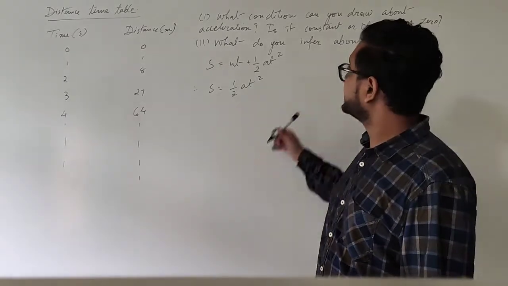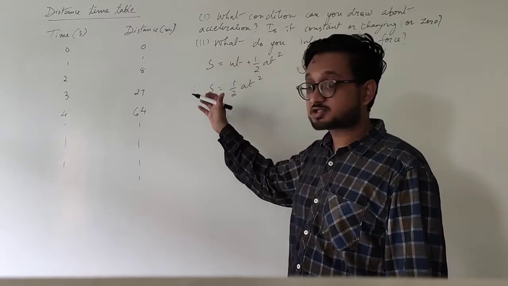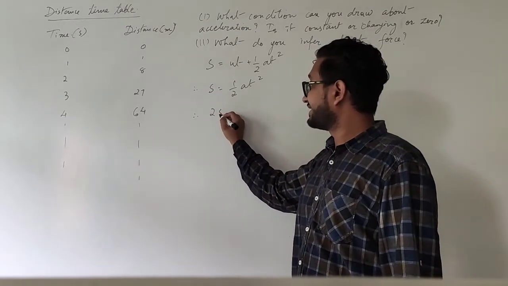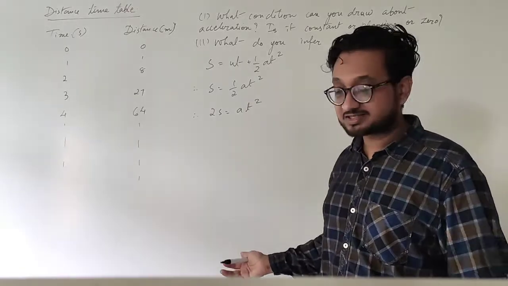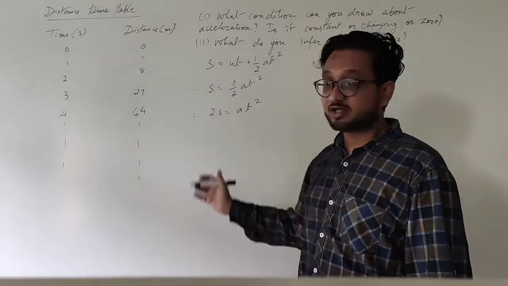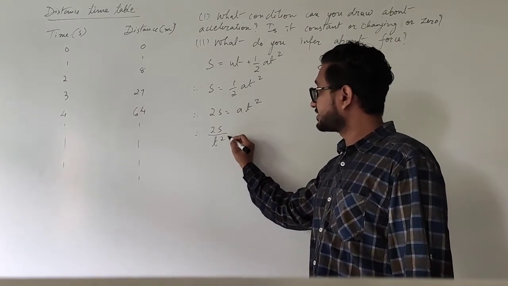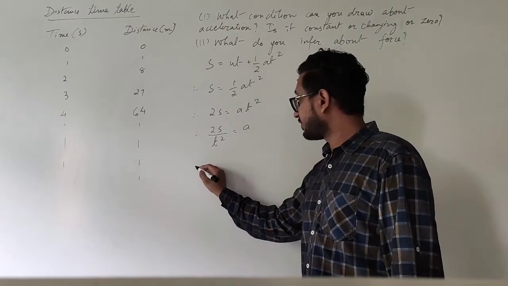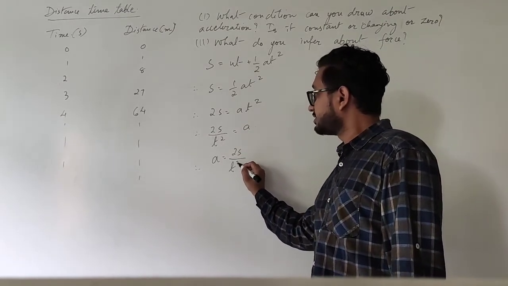And you have been asked about acceleration, so you need to find the acceleration. Cross multiplication of 2, so it becomes 2s equals at square, because 1 into at square is at square. And again we need acceleration, so t square in the denominator, so it becomes 2s upon t square equals a. Therefore what you have is a is equal to 2s upon t square.